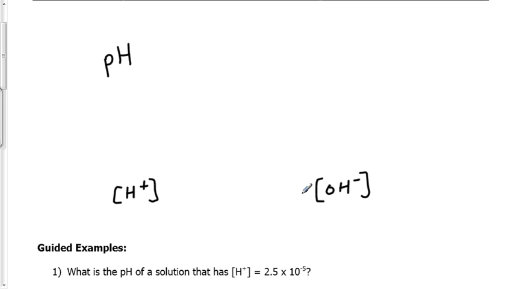And from this, we can solve for the pOH, which is the same thing to OH- as pH is to H+. So the way we're going to convert between pH and H+, if we want to find the pH, we're going to take the negative log of the hydrogen ion concentration.